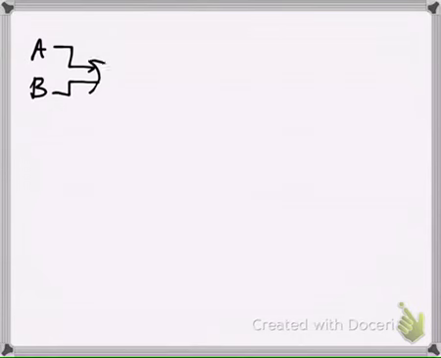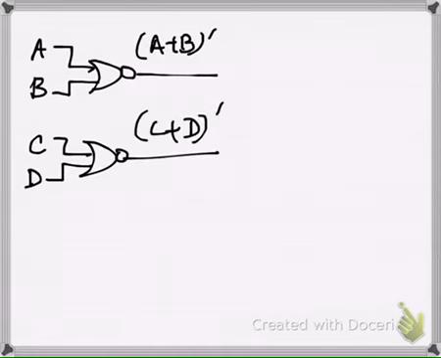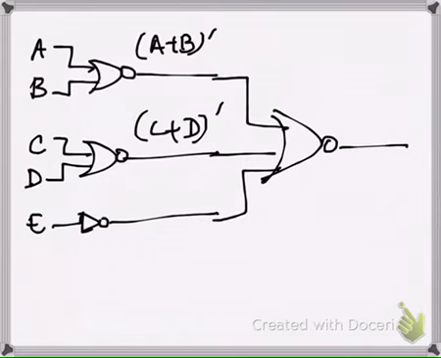Use a NOR gate out here, so I get A or B dash, then I get C or D dash, then I send in E as complement, and I use an OR invert, so I pass E dash out here.